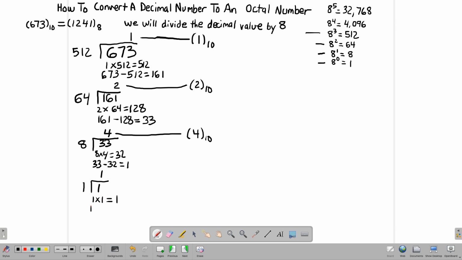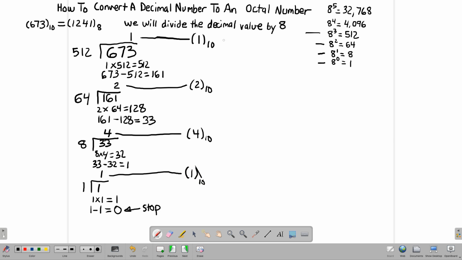That leaves us 1 subtract 1, which will produce the value of 0. This is the stop point right here, so we don't have to continue to divide anymore. But we need to keep track of the 1 here. And that's also to the base 10.